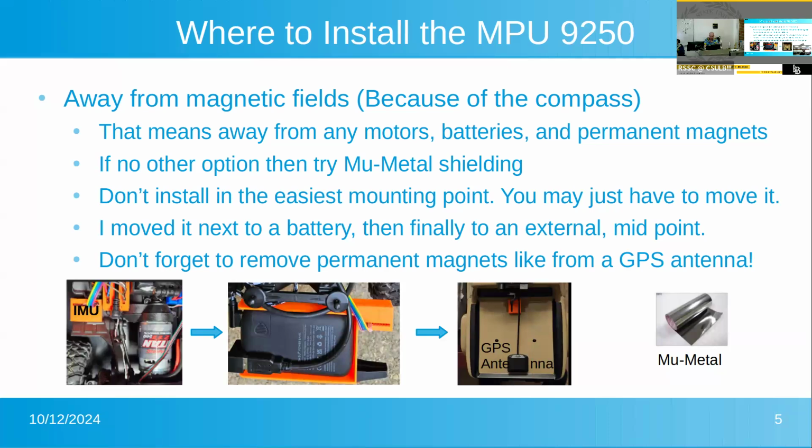So I decided initially to connect my IMU to the Arduino portion, the firmware, and connect it up to, in this case, a Teensy. As you can see over here, this little orange box is the IMU in all these pictures.